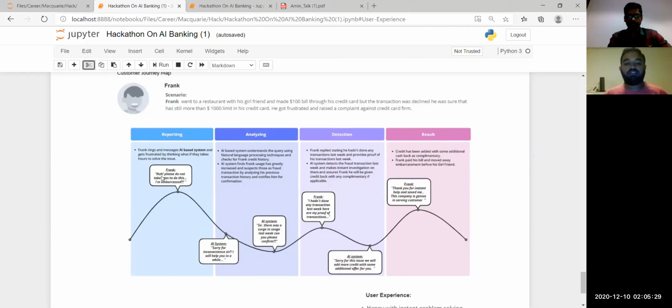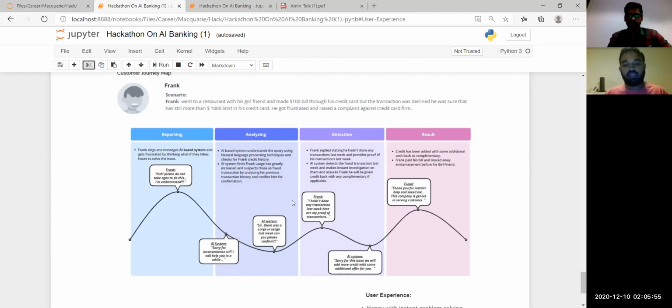The bank had an AI-based system, so it took the complaint using natural language processing and analyzed all the transactions. It found that last week there was a huge surge of transactions from different locations, and then it notified Frank.